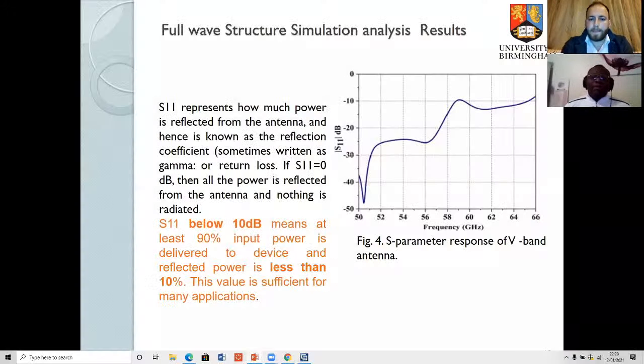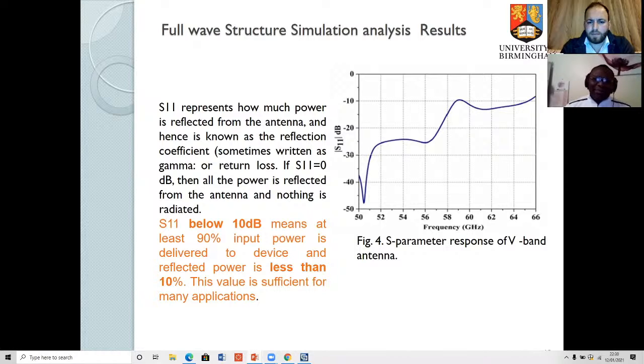So now that we've been able to discuss the unit cell, we've put everything together to have a full wave simulation of the whole antenna. Now on your screen here is the result of the S11, and you all know that S11 represents how the power is reflected from the antenna, and hence it's known as the reflection coefficient.